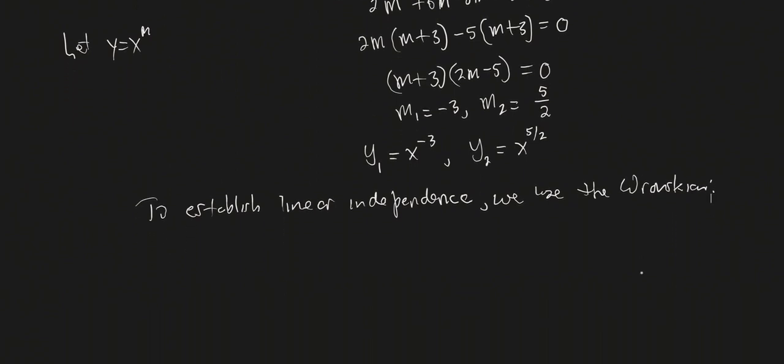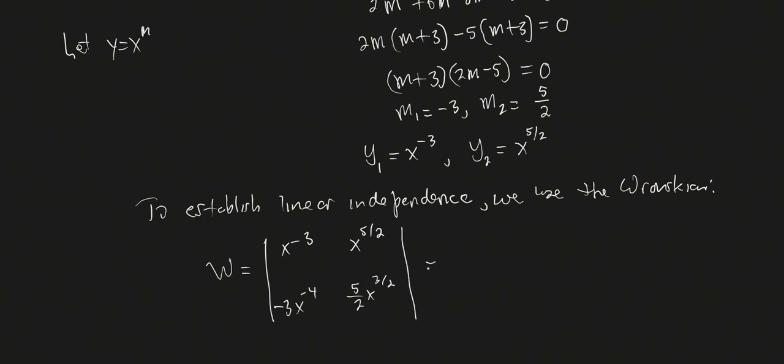So let's see what it is. The Wronskian W for this one is the determinant, and you put your functions in the first row, and then their derivatives in the second row, so negative 3x to the negative 4, and then 5 halves x to the 3 halves.